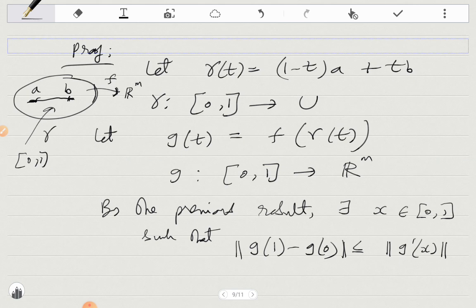Now, by the previous result, I'm applying the previous result to g. g is a function of one variable, the target is R^m. There exists x such that norm of g(1) minus g(0) is less than or equal to (1 minus 0), which is just 1, times the norm of g prime of x.